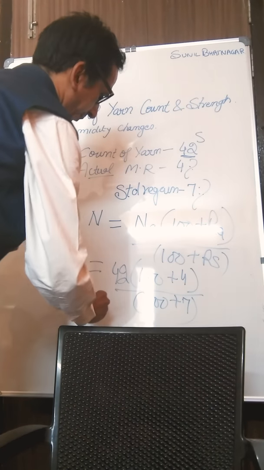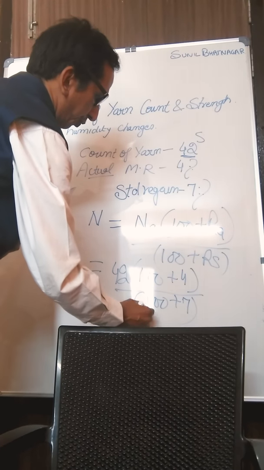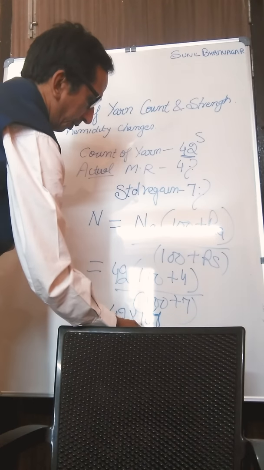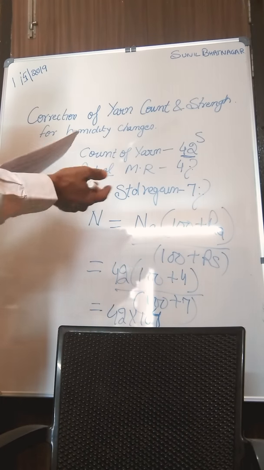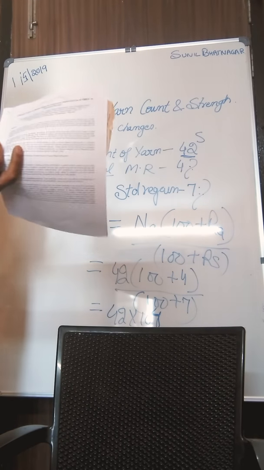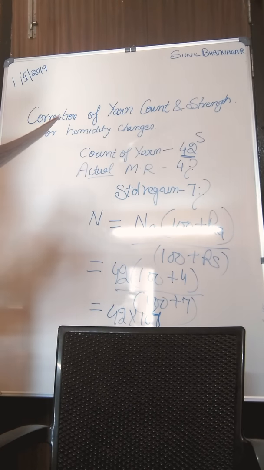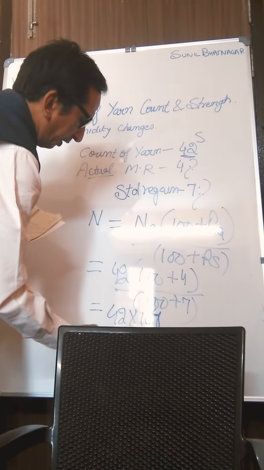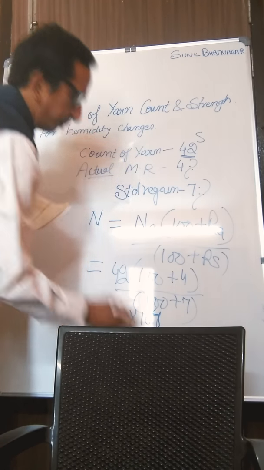So it will be 42 into 104. So friends, we have found in this case that the count roughly comes out to be 40.8.